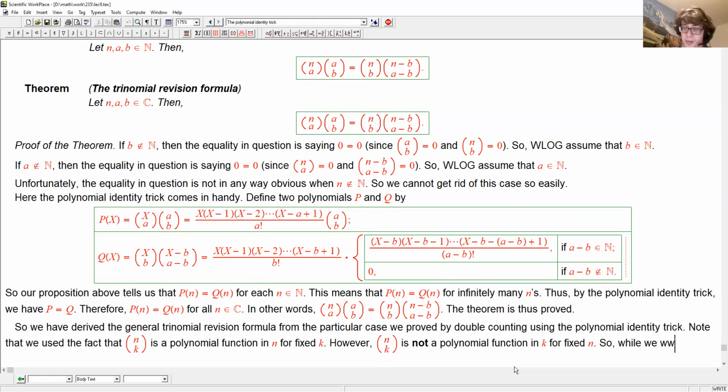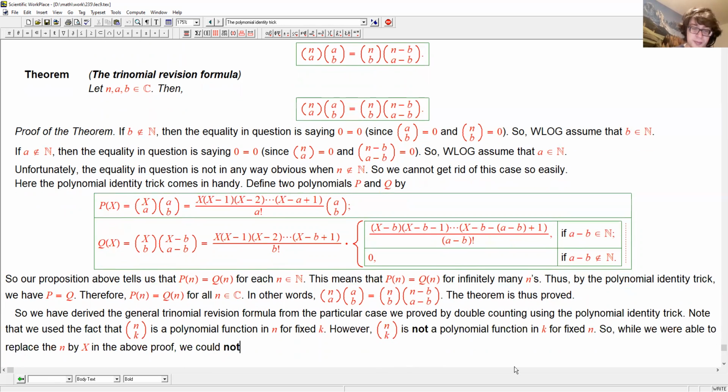while we were able to replace the n by x in the above proof, we could not have replaced a or b by x. This is why when we were reducing the b and the a to non-negative integers, we could not have used the polynomial identity trick.